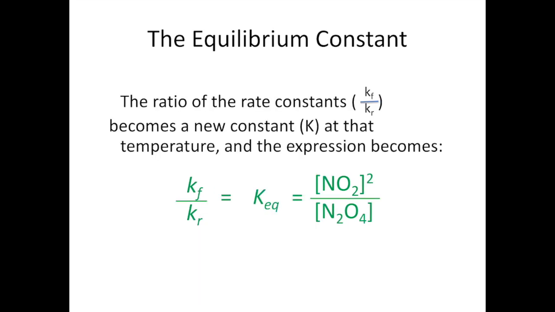What we do is combine the k's, because they're both constants, into a new K, a capital K, my equilibrium constant. So this represents the ratio of my rates, or the ratio of the rate constants for the forward and reverse reaction.